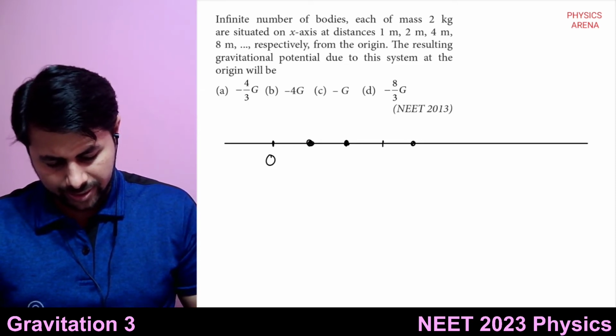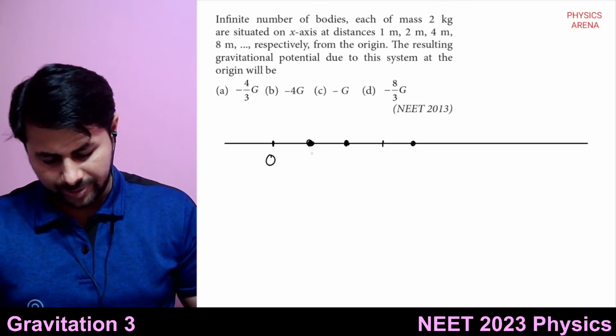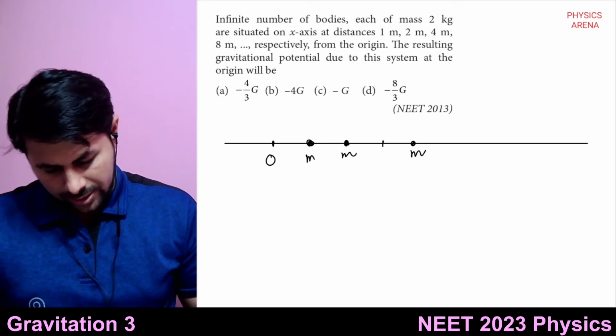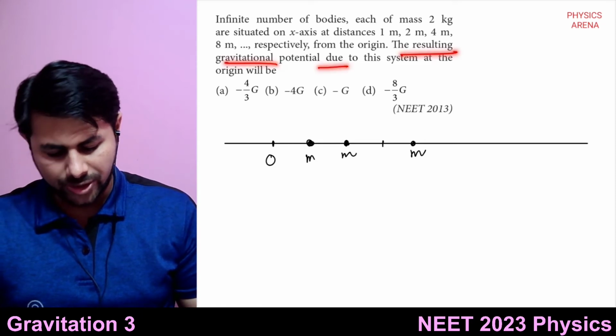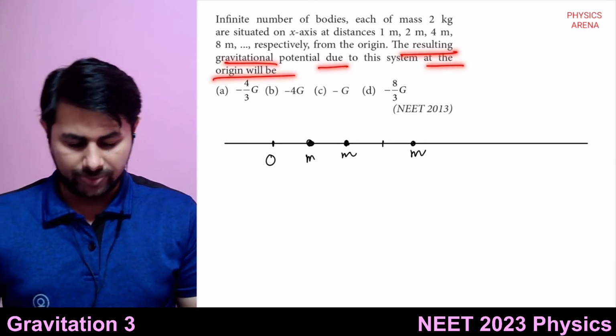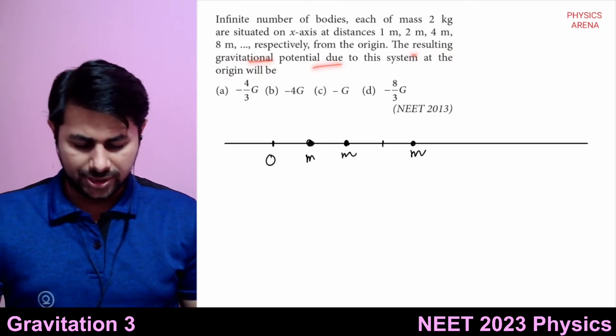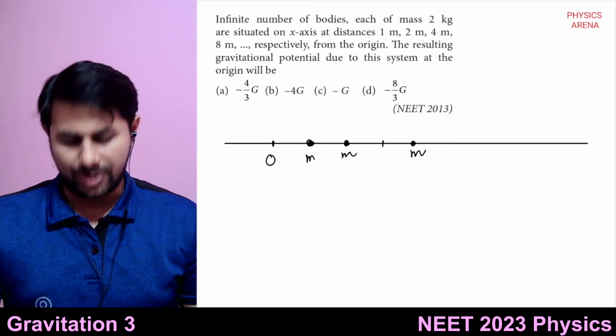There is nothing at 3 meter, and so on and so forth. Then the resulting gravitational potential due to this system at the origin will be?